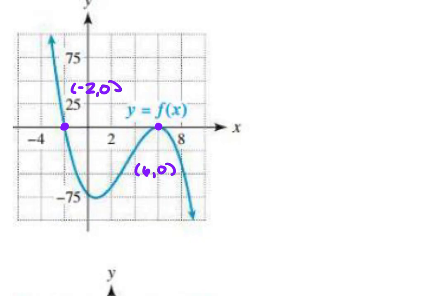All right, so our zeros: remember that when we talk about the zeros, we just keep the x-coordinates. We have a zero of -2, and we have a zero at 6. We want to know their multiplicity.